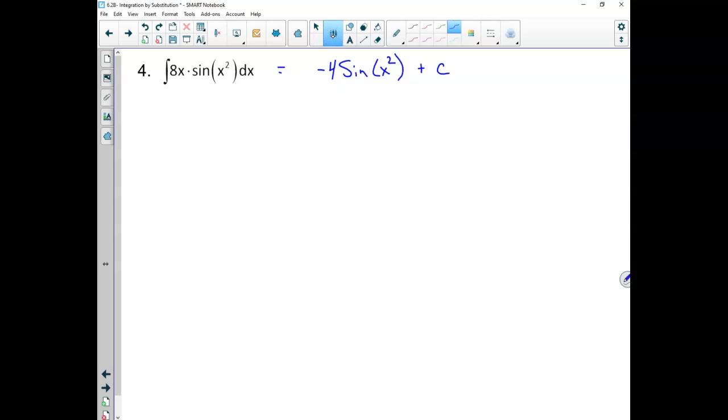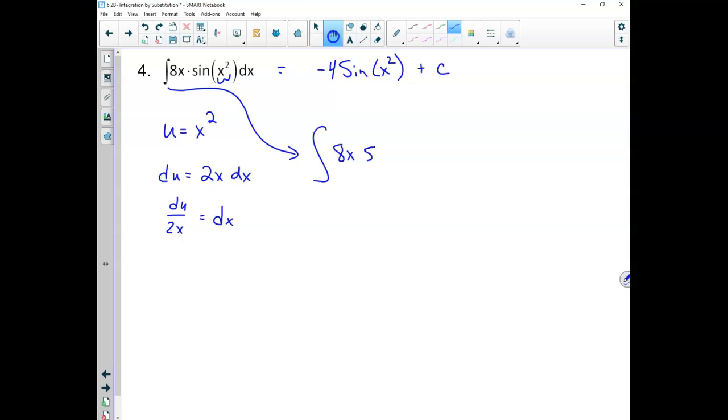Substitution is going to allow you to organize. Inner function. U equals inner function. We're going to take the derivative of the inner function. We're going to solve that derivative for dx, du over 2x. I'm hence going to take my integral, and I'm going to rewrite 8x, and I'm going to call that a sine of u.